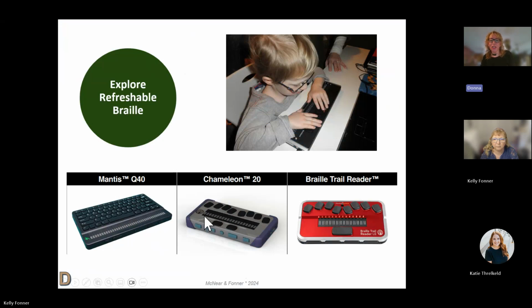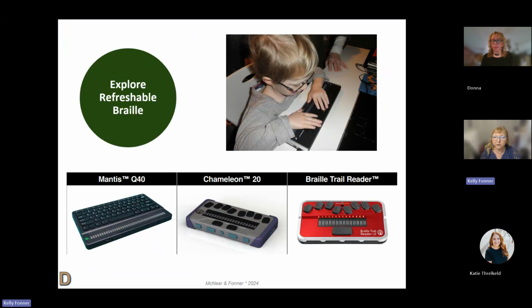So it really encourages touch thinking. And so you have a concept of refreshable Braille. It's important for students, if they're going to be reading and writing in Braille, that they have experiences with all kinds of tools. So you see a student at a young age exploring a QWERTY keyboard that has refreshable Braille on it. So he's developing that concept.